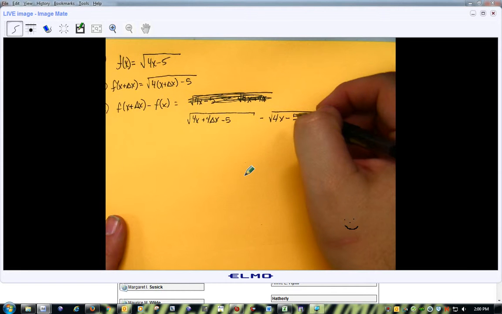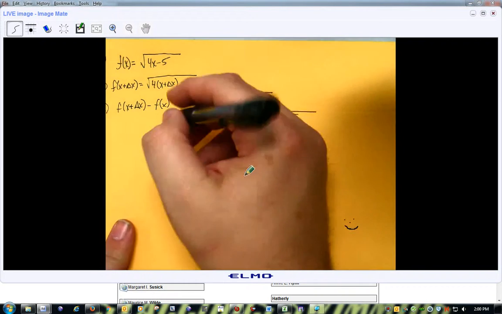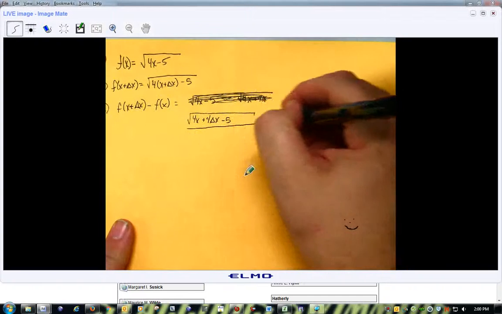And then what do we do? Divide it by delta x. So I need to take this, divide it by delta x.